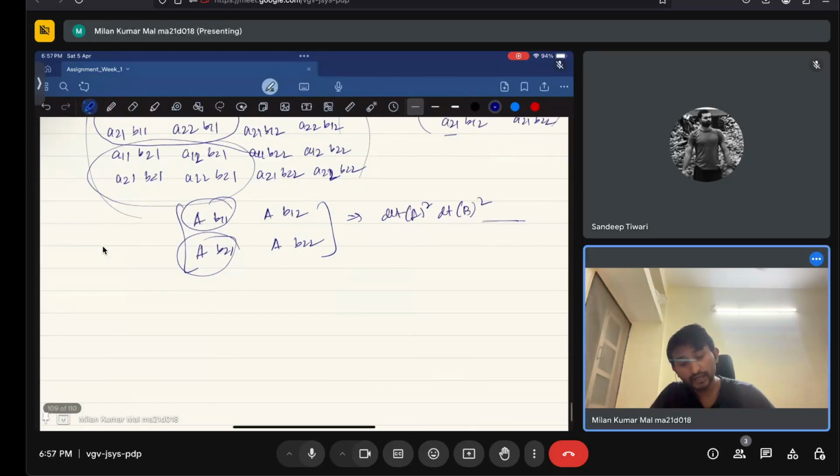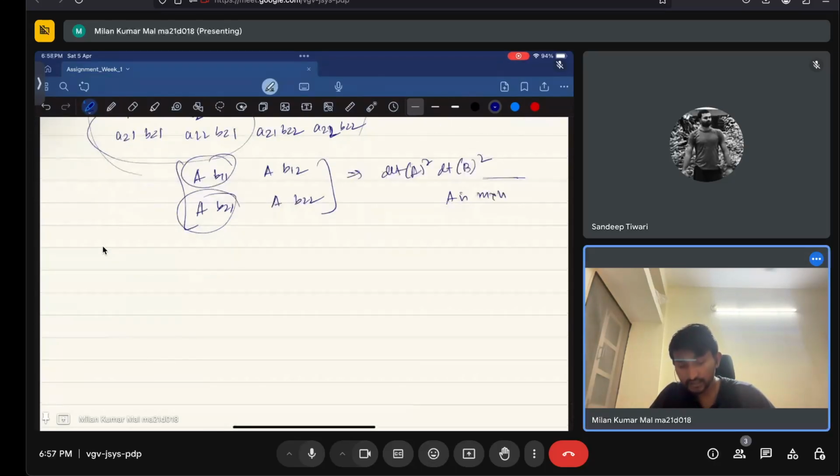Actually, if A is an m by m matrix and B is an n by n matrix, one can always define a matrix with all entries A times Bij. For that matrix, determinant will be determinant of A to the power n, determinant of B to the power m.